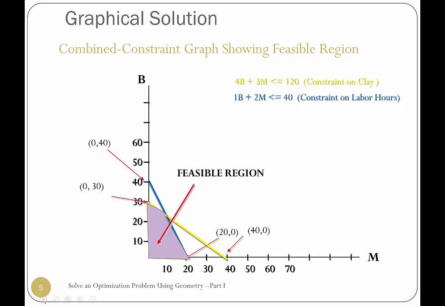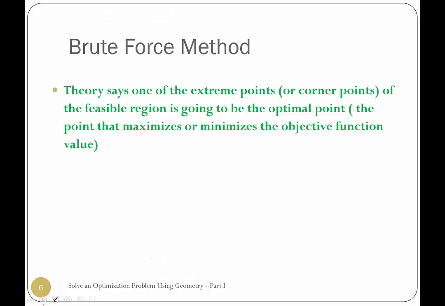I'm going to call this method the brute force method because it doesn't make use of the objective function actively in identifying the optimal solution, but it does help us get a feel for this problem. Since the objective function and constraints have only linear terms, one of the corner points is going to be the optimal point. So the first step is to identify all the corner points of the feasible region.